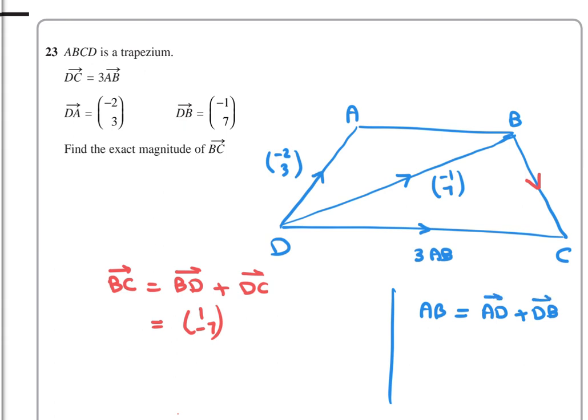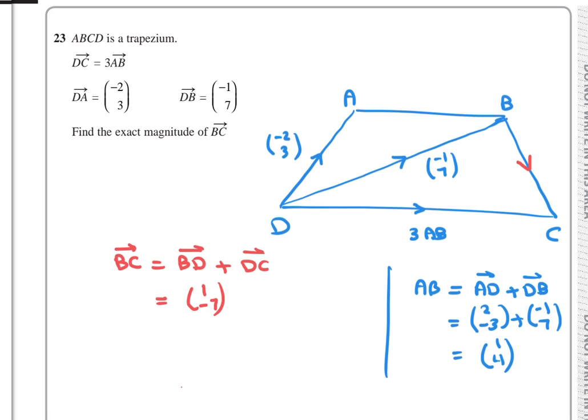Vector AD is the opposite of DA, so we need to change the sign, so (2, -3), plus vector DB, same direction, so same, (-1, 7), which equals (1, 4).